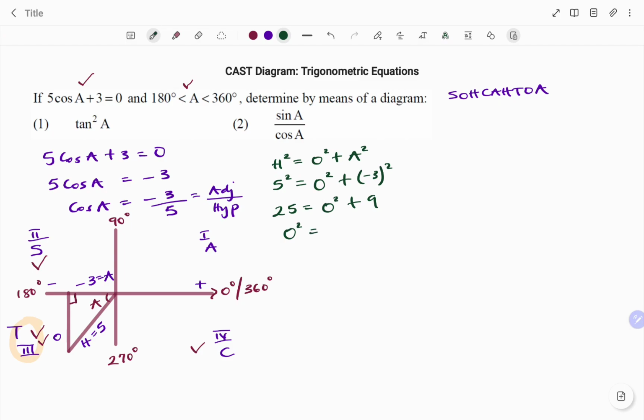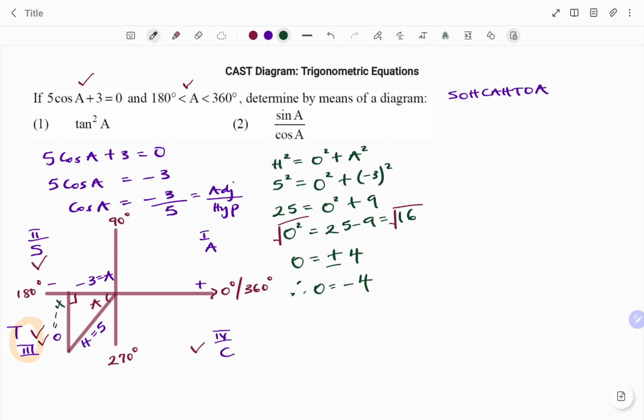Making our opposite the subject of the formula, that's 25 minus 9, which is 16. To find the value of our opposite, we find the square root of both sides. So we have O equals plus or minus 4, the square root of 16. But because we have that in the negative y direction, our opposite will be negative 4. So I'm going to put that in the diagram.